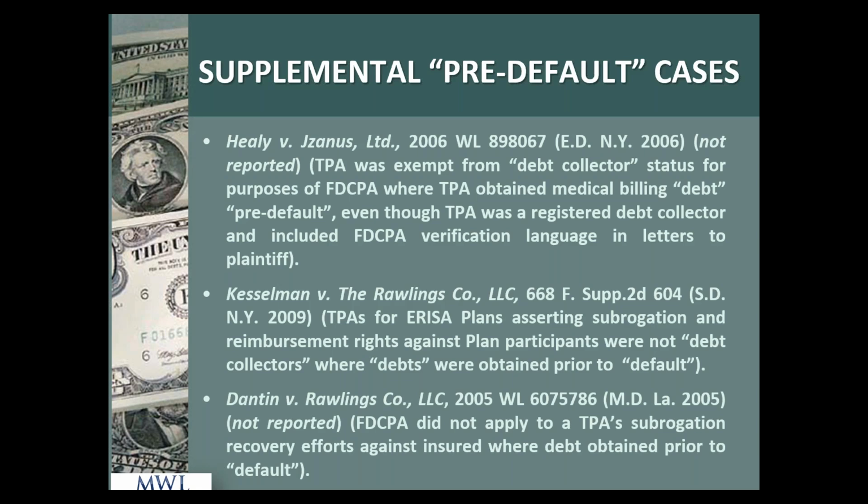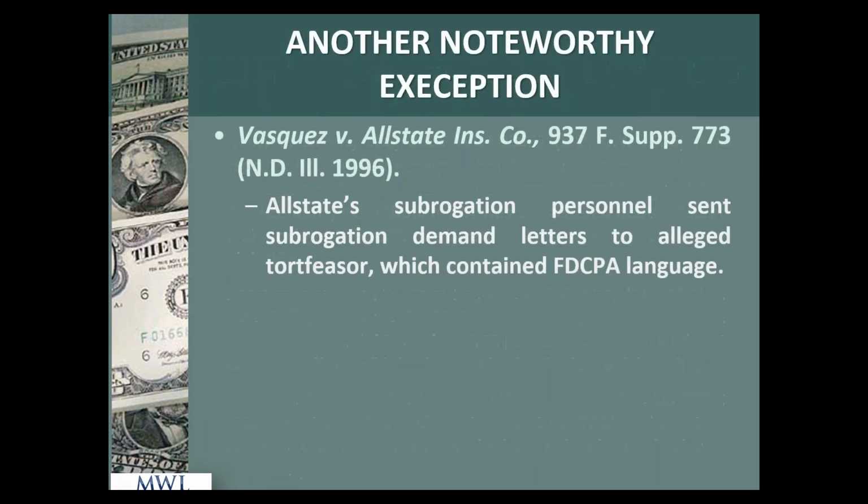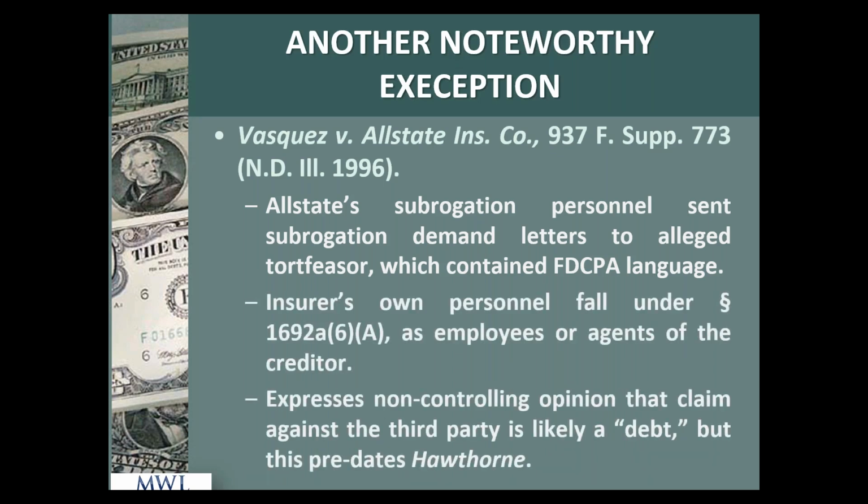The FDCPA did not apply to a TPA's subrogation recovery efforts against the insured where the debt was obtained prior to default. So I just want to talk about another noteworthy exception. This is an earlier case that actually predates Hawthorne, which is the genesis of the entire subrogation and debt collection issue.